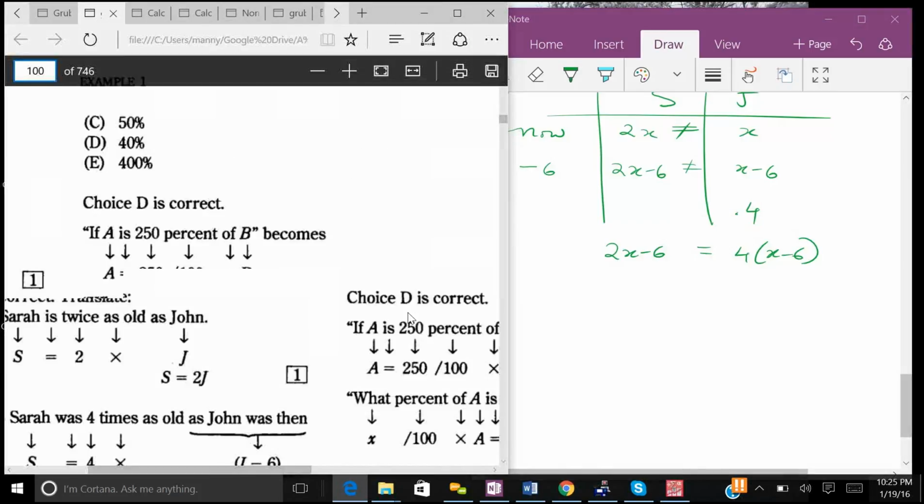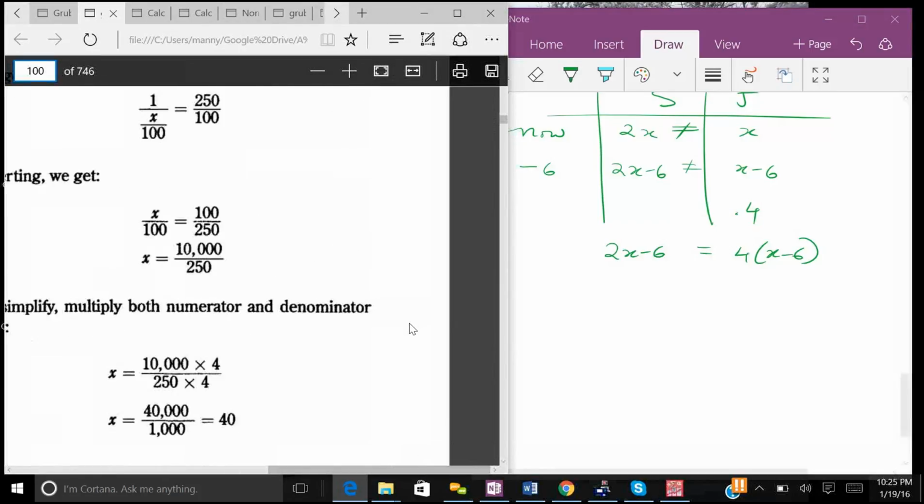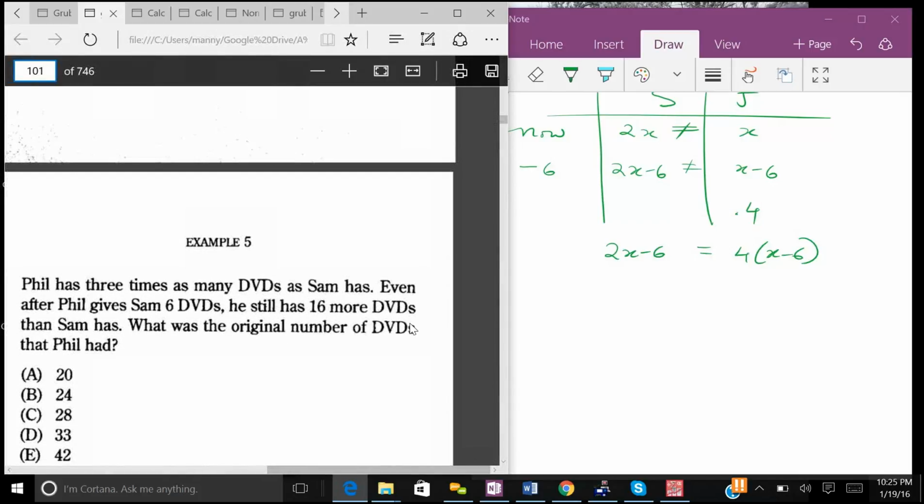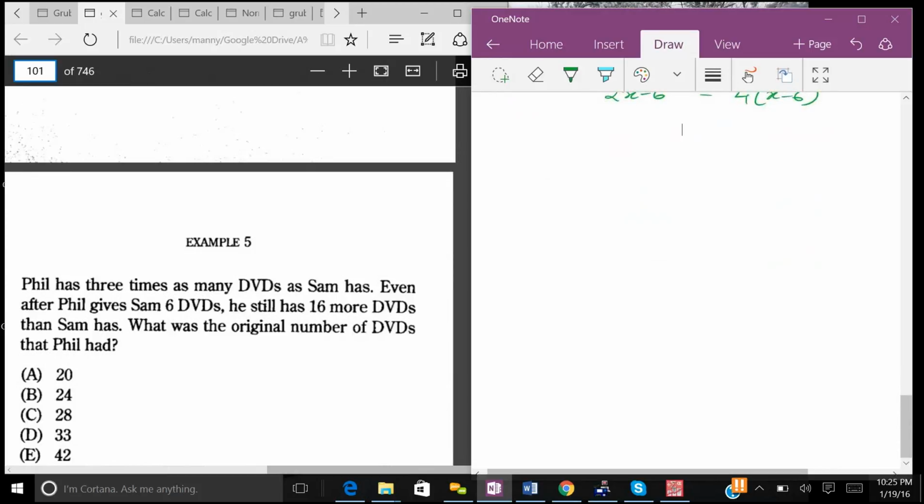Now let's try another question like this. I want to make sure you get this concept. Try this one here, the one on the left side. Go ahead and try this.